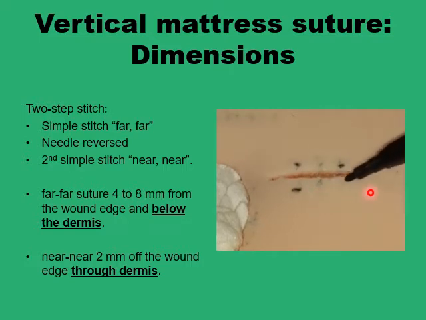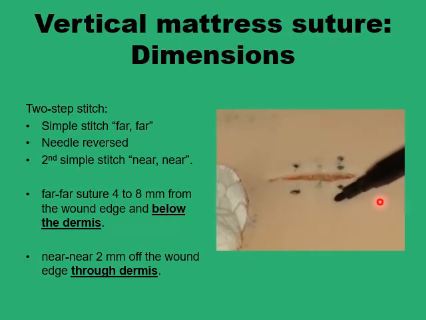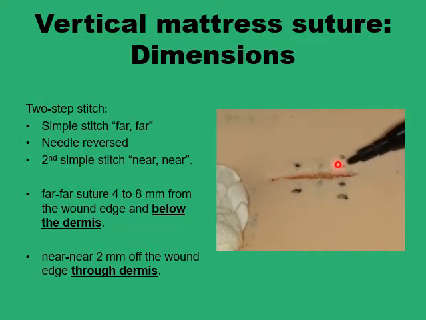When we're doing the vertical mattress sutures, the near to near would be 2 millimeters from the skin edge, and the far to far would be about 6 to 8 millimeters from the skin edge. The near sutures would pass through the dermis, and the far to far sutures would pass through the subcutaneous tissues.